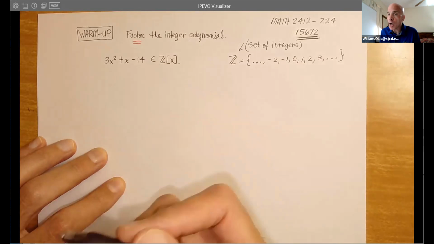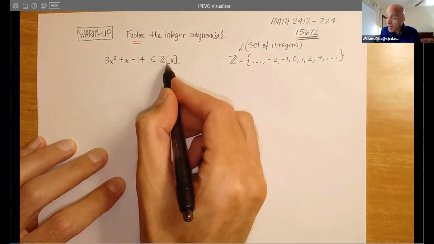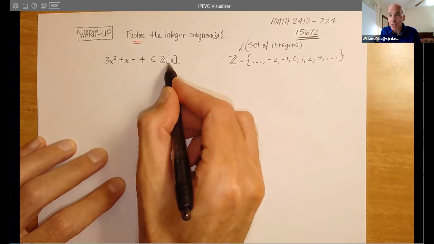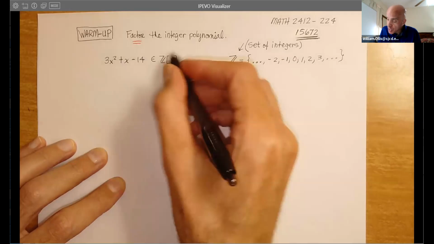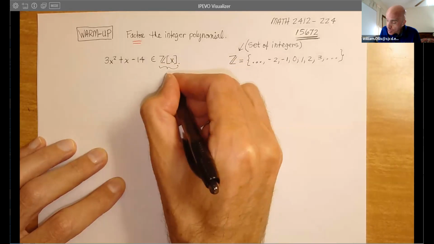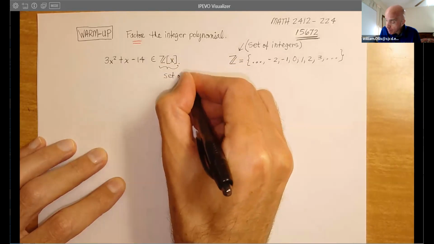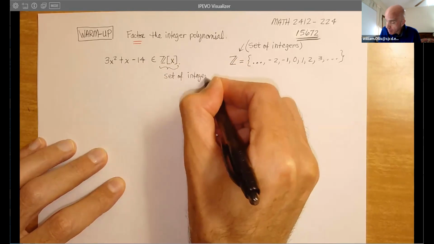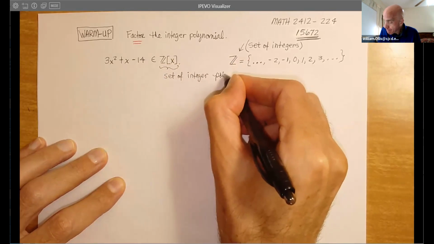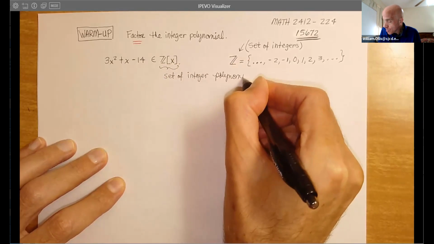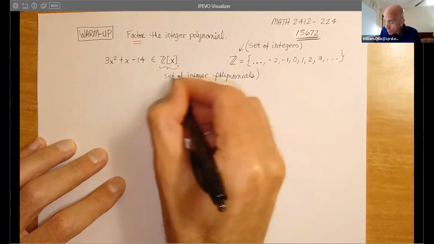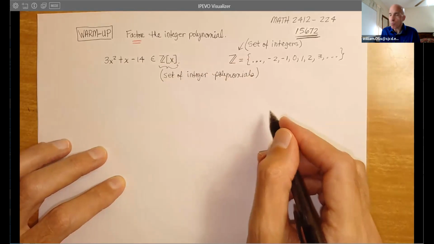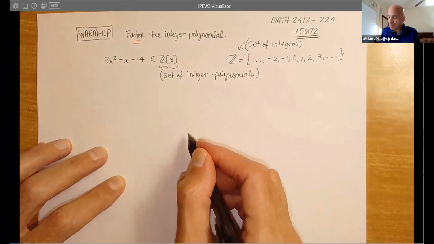When we denote polynomials, we have the actual set for the coefficients and then the bracket x. So this just means set of integer polynomials. And that's, again, just a way to say we have an integer polynomial.